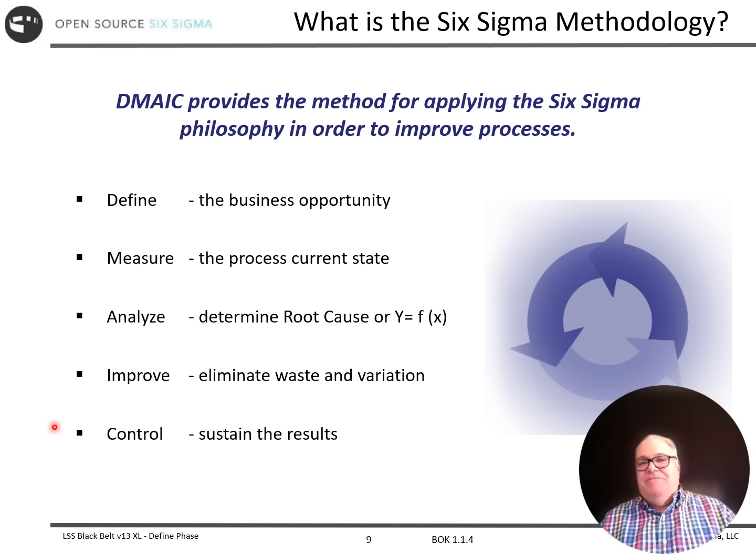We have 5 of them, and there are certain tasks and tools used within each one that we will cover as we go through the course. So there's no magic. You could call this PDCA, which some companies do. Some people use different acronyms here.